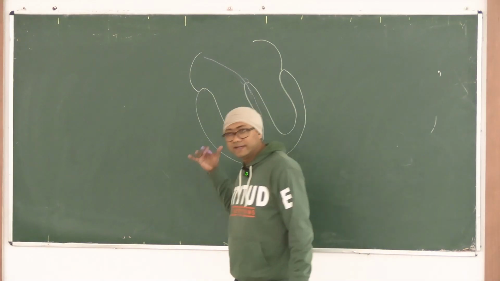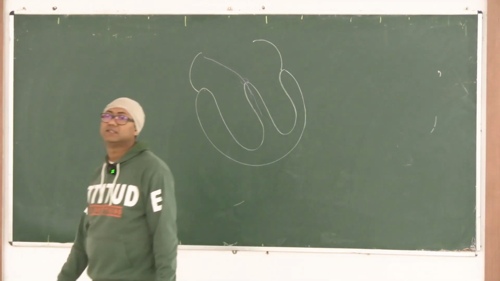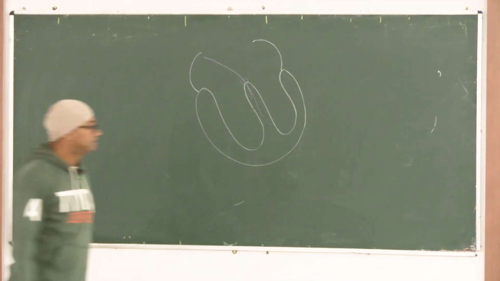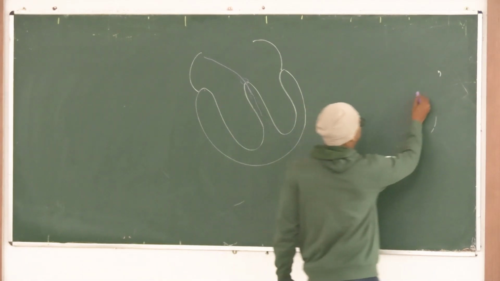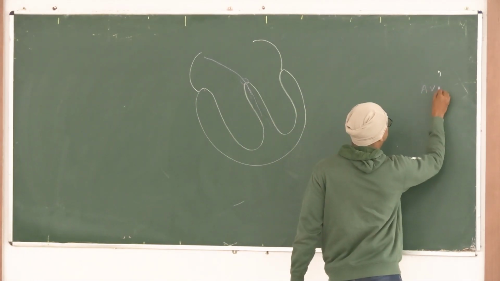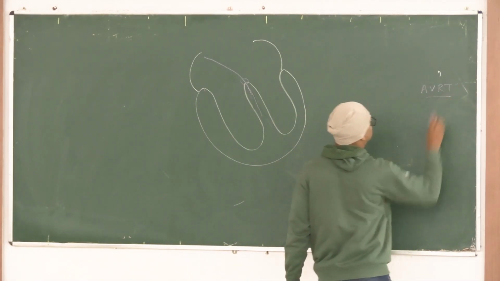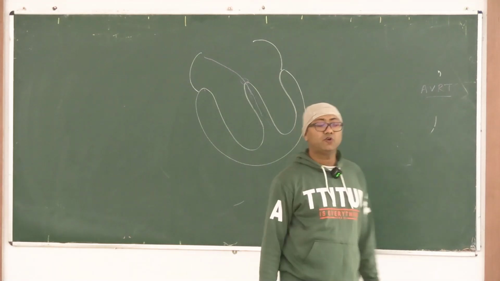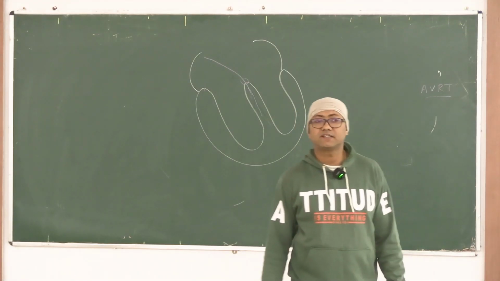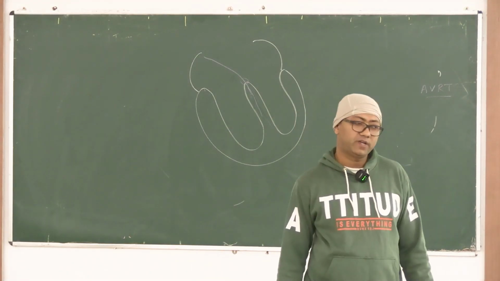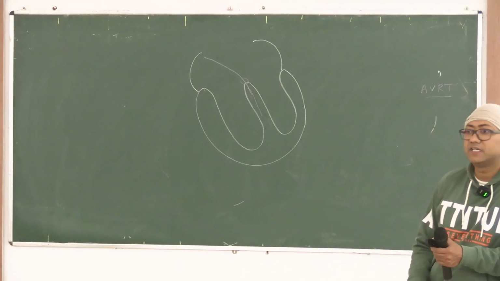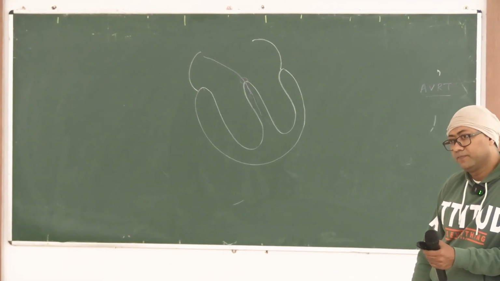Now, in this category, AVRT, this is called atrioventricular re-entrant tachycardia. Okay, I am coming to it. What is atrioventricular re-entrant tachycardia?